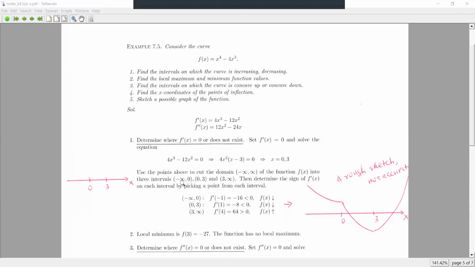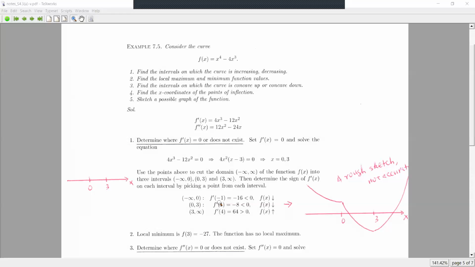To determine whether the first derivative is positive or negative on each of these 3 intervals, I arbitrarily pick a point, say -1 from this interval, and evaluate the first derivative at -1.